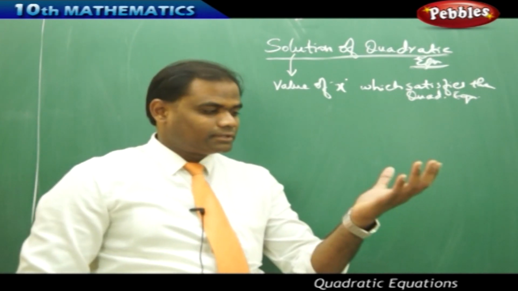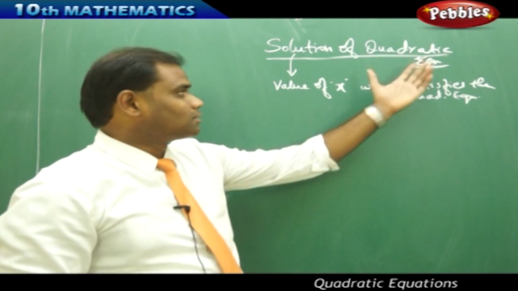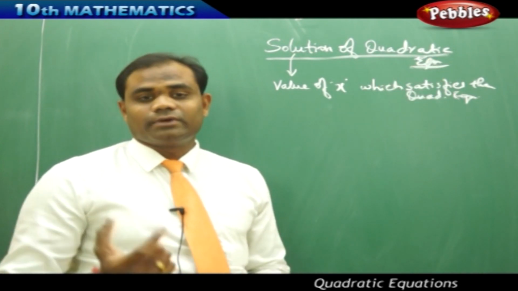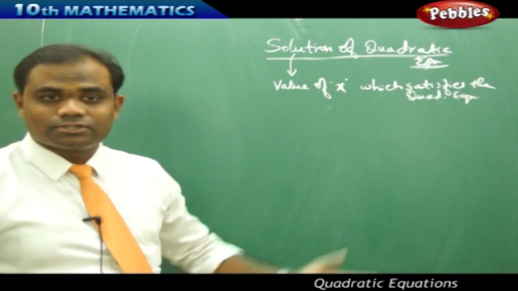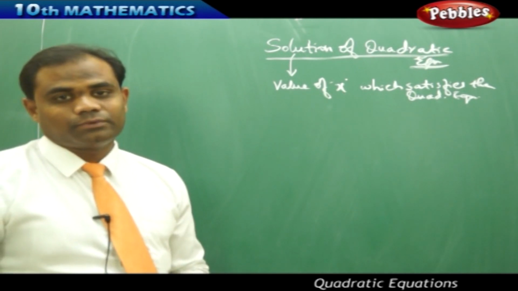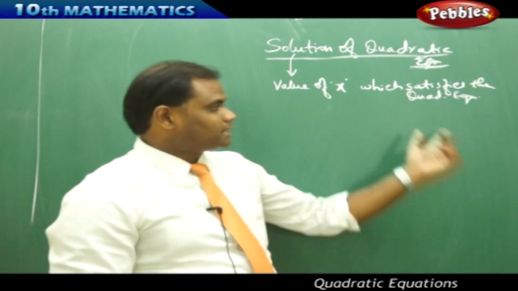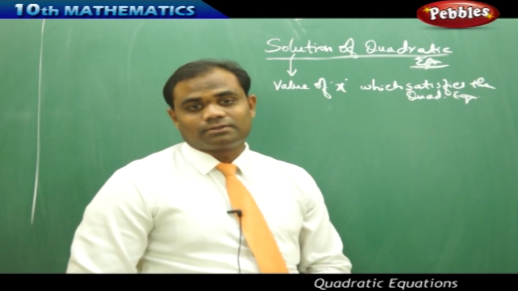So we take the value of x, and when we substitute in the quadratic equation, it must equate to 0. Then we say that value of x is the solution of the given quadratic equation. So value of x which satisfies the quadratic equation is called the solution.